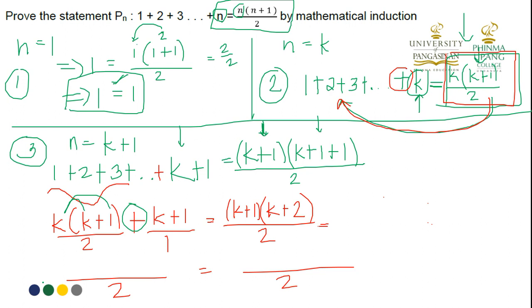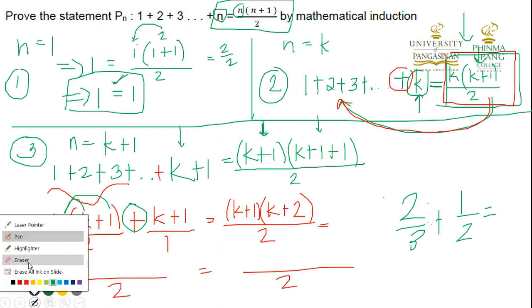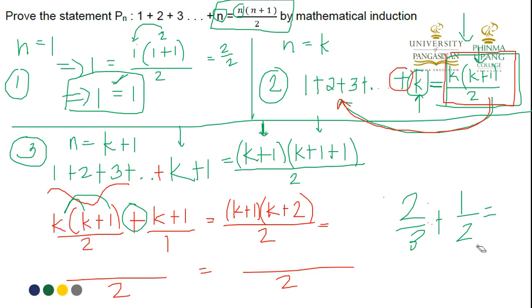Sir, paano niyo po pinu-multiply? Cross multiply? Yung kanina, yung 2/3. Nakakalito, sir. Sir, yung K po. Pwede isa lang yung magsalita.